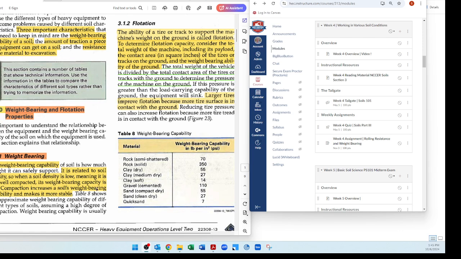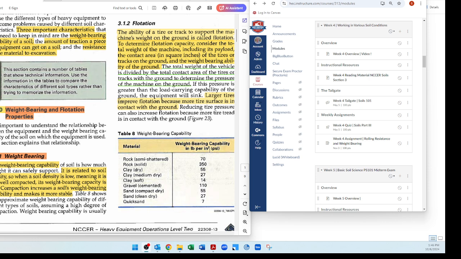Now, let's just scoot over here to the right. Look at Table 8 that lists some weight bearing capabilities of different soils. This is rock, shattered, semi-shattered, probably gravelly, different shapes and things like that. Well, it has a weight bearing capacity of 70 pounds per square inch.